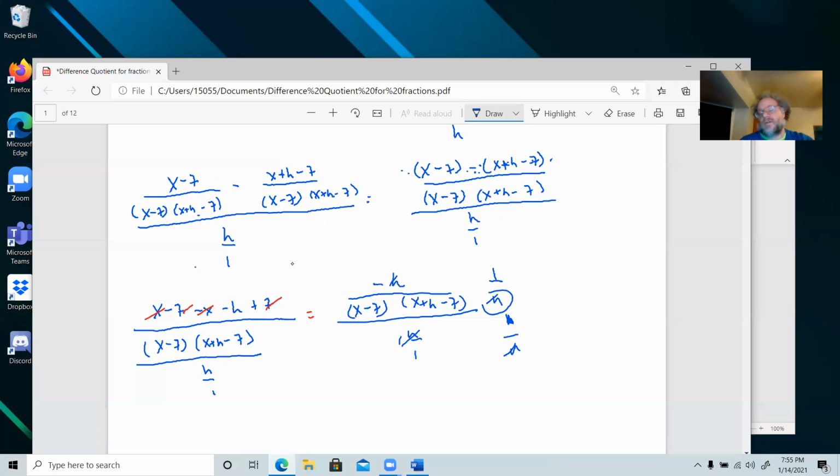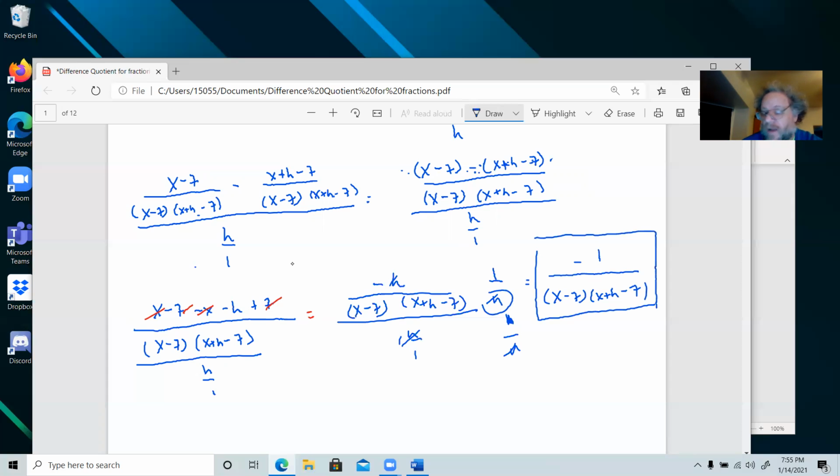At the very beginning, I said you're done when you cancel this. So my answer here is negative 1 over x minus 7, x plus h minus 7, right? And I know that doesn't look like an answer, but the requirement is we cancel this h. That's how you know you got an answer. You're done. Okay, so that's it.